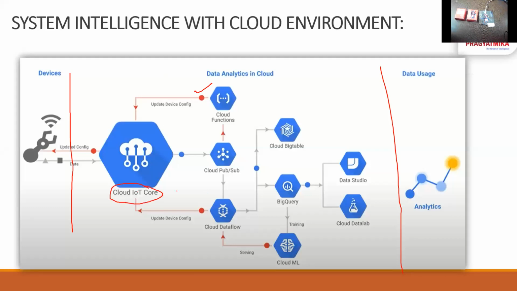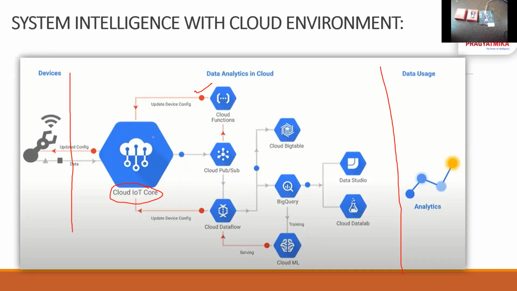Like we are using Google maybe for our hands-on today, so this is the Google IoT Core. Same way we have Azure IoT and we have AWS IoT. Every cloud environment has its own IoT Core through which your device gets connected. And this IoT Core is responsible for configuring your devices, for provisioning purposes, and for allocating resources.